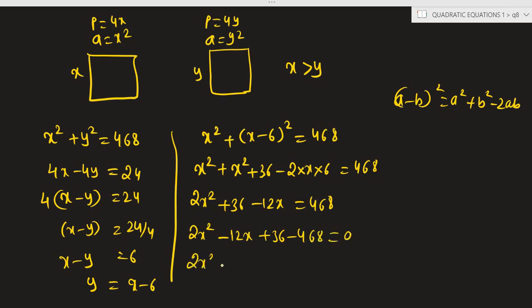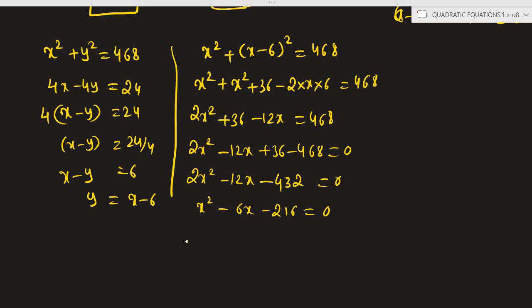This is 2x square minus 12x minus 432 is equal to 0. Divide the whole equation by 2: x square minus 6x minus 216 is equal to 0.